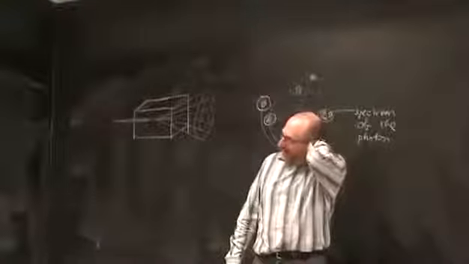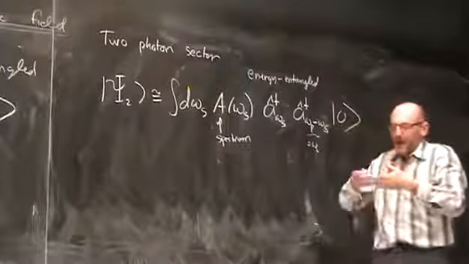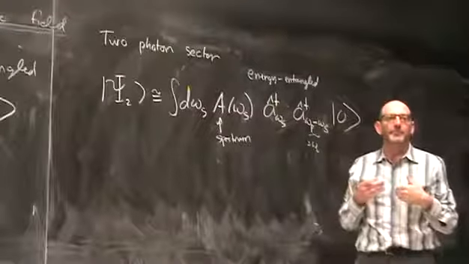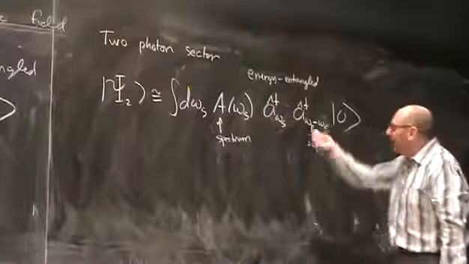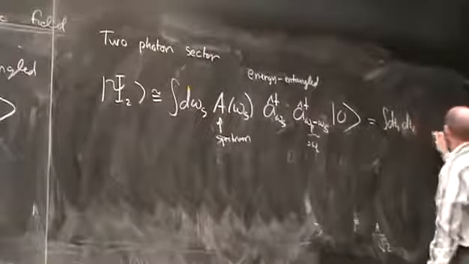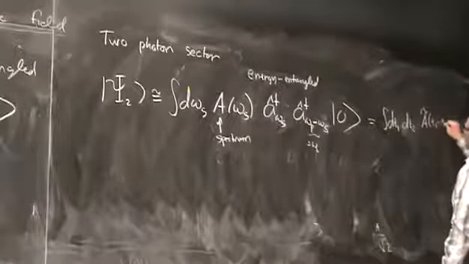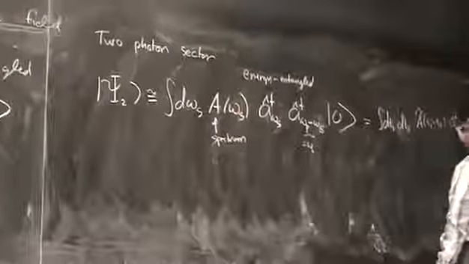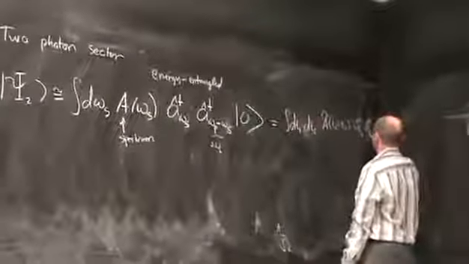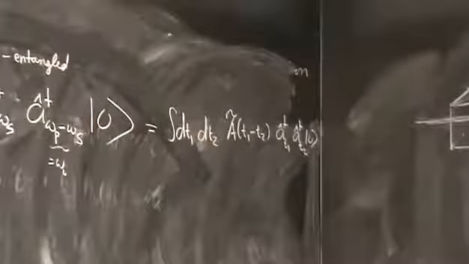Now, one of the things that's interesting is suppose we did the Fourier transform of these into the time domain. So I can think about an arrival time of the photon. Then what this would look like is the following. It's a kind of time energy uncertainty. What does this state mean?